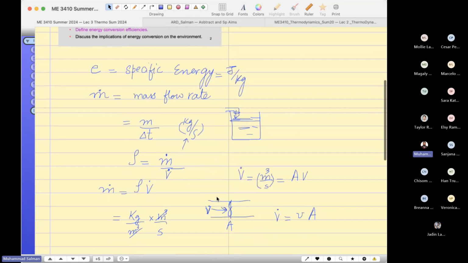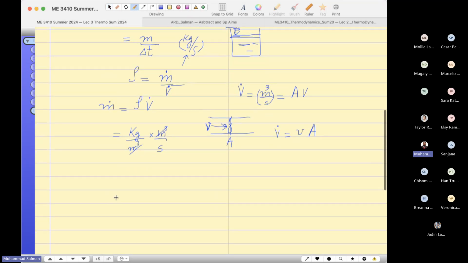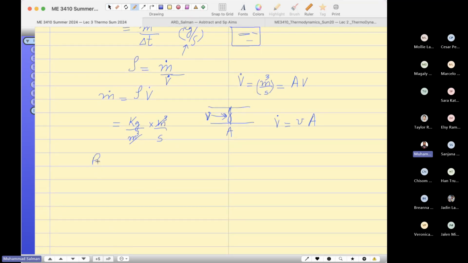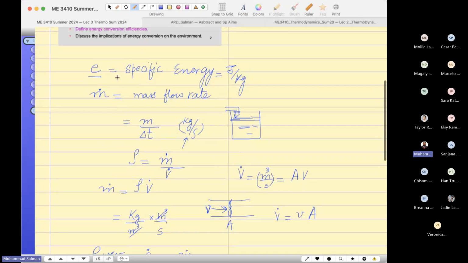Why are we so concerned about finding the mass flow rate? Because sometimes we need to find the power of a device. I'll let you know what power of the device is in a bit. It is usually written as E dot, which is the mass flow rate times E, the same E which you wrote over here.